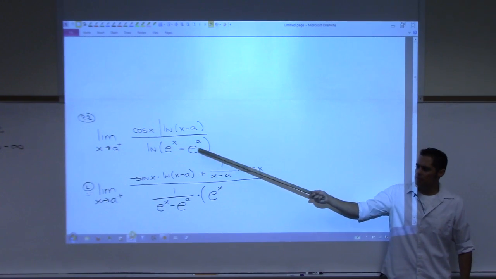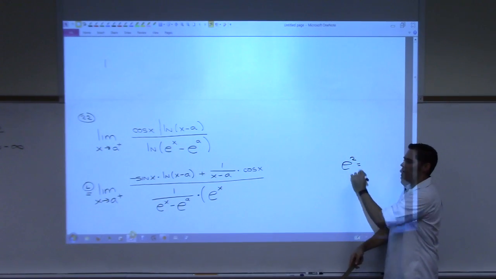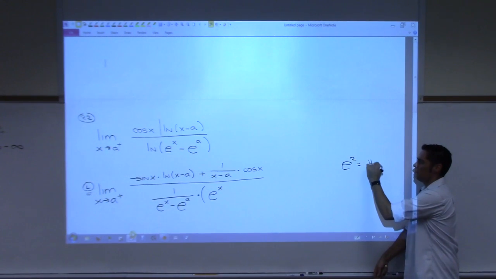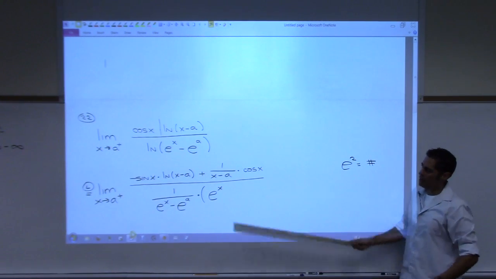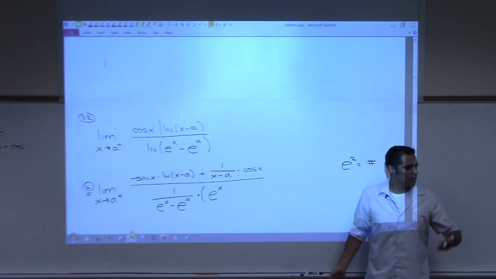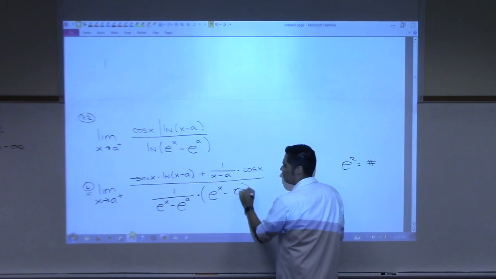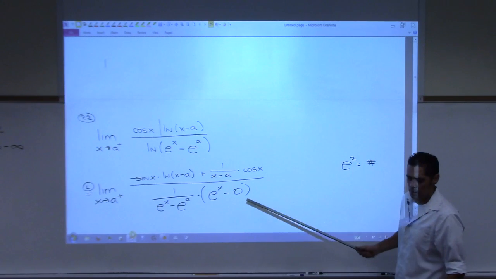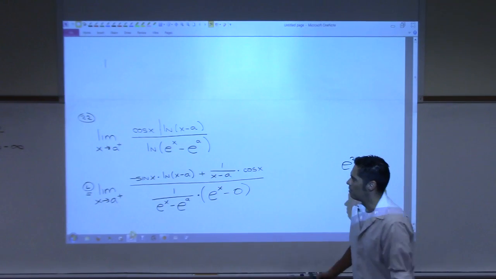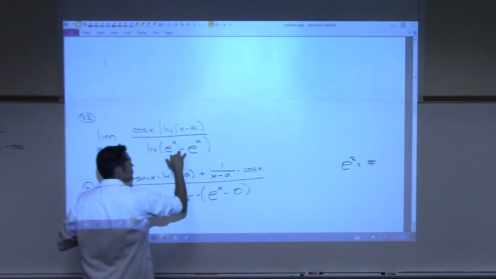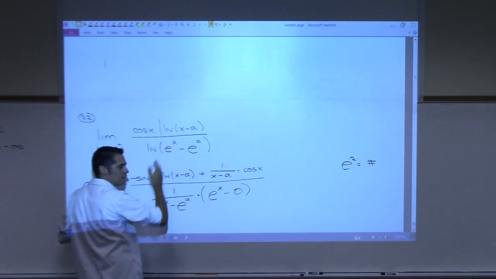E to a constant, that's like me saying e squared. What's e squared? I don't know, a number, right? Whatever it is, e to the a is a constant. So the derivative of it is 0. So this should be minus 0. Do I really need to write minus 0 there? No. So the derivative of the inside of this natural log is just e to the x.